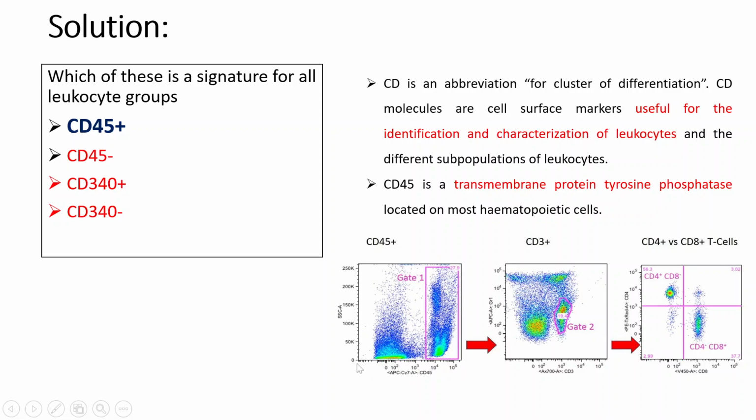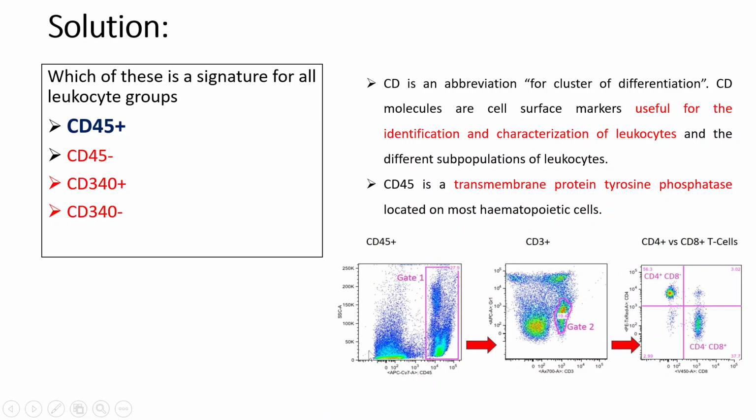We are measuring this along the x-axis, and along the y-axis we are measuring the side scatter. As we had discussed before, side scatter gives us an implication about the granularity or the complexity of the cell. So here we have obtained our result. We can see several cells here.